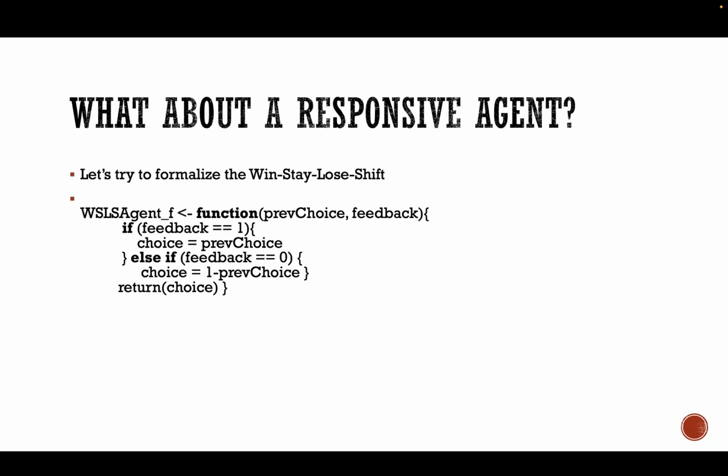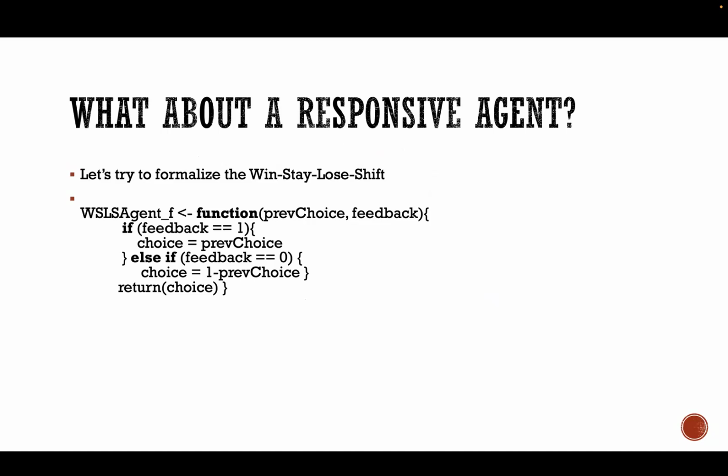Because this reflects exactly the win-stay. So if feedback is win, then I'll replicate the previous choice. If feedback is lose, then I'll change the previous choice. Does that make sense? So this is exactly what it's doing. If feedback is equal to 1, then choice is equal to previous choice.